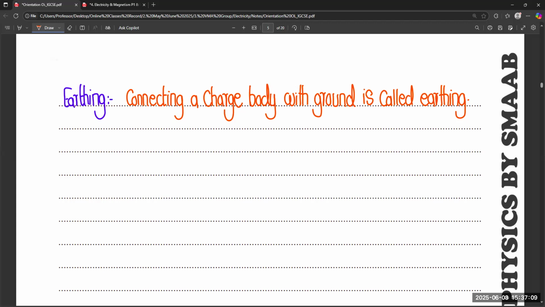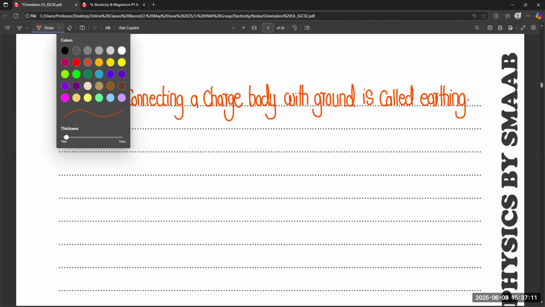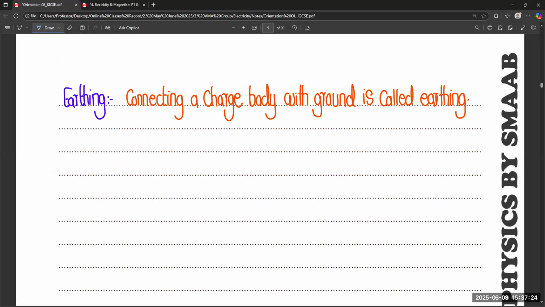And why is it called the earthing process? Because we mostly connect that wire with the earth, since the earth is massive compared to the size of any device or component. When we connect the wire with the ground, we have a very large reservoir of charges in the earth. So if small charges transfer into the earth, that will not cause any change in the earth.